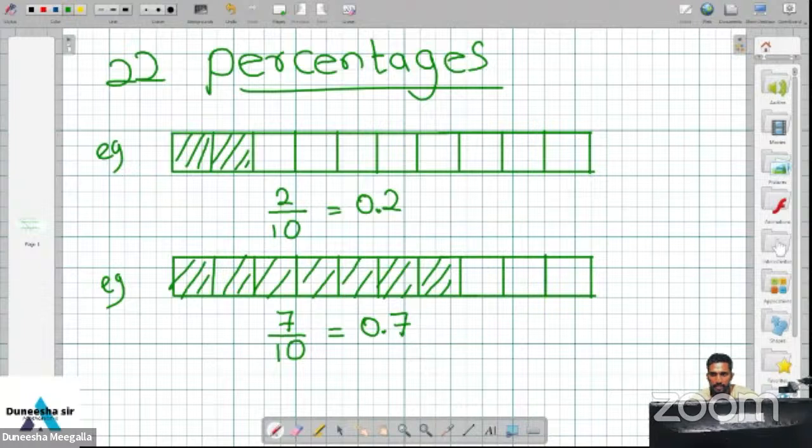Now after you finish, raise hand. Hirun and Tenoli, after you finish, raise hand.